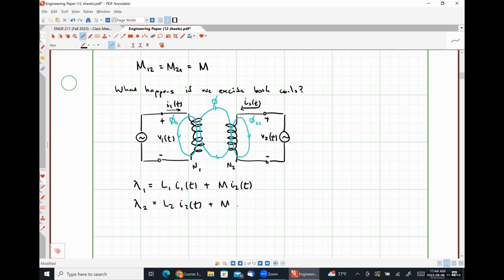L2 times I2 of t. We can determine our induced voltages, right?